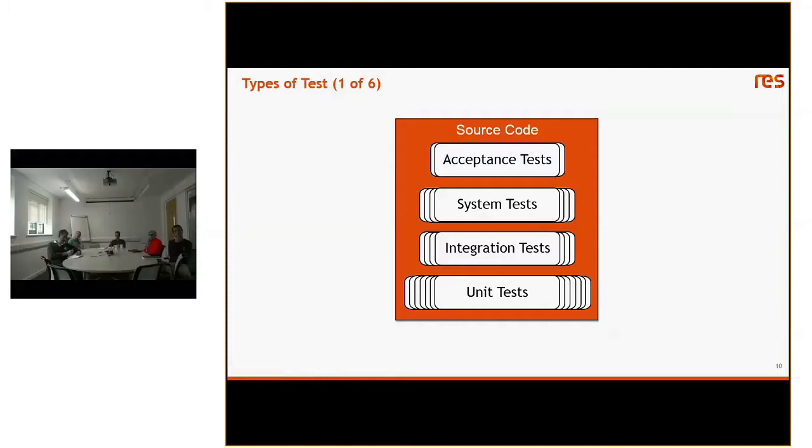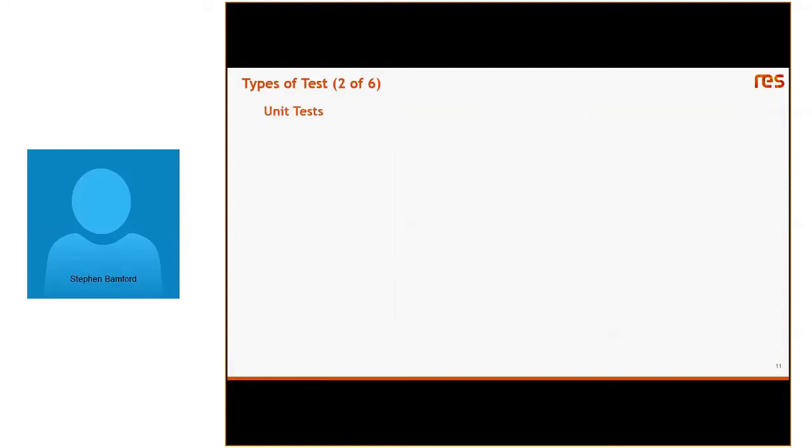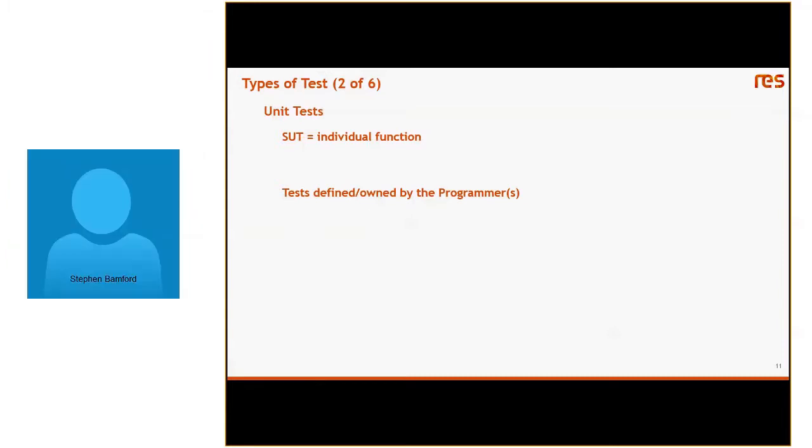So we'll come back to this diagram a little bit later, but let's have a little look at unit tests and look into those in a little bit more detail. Unit tests are running a test on an individual function. Those tests are defined and owned by the programmers.